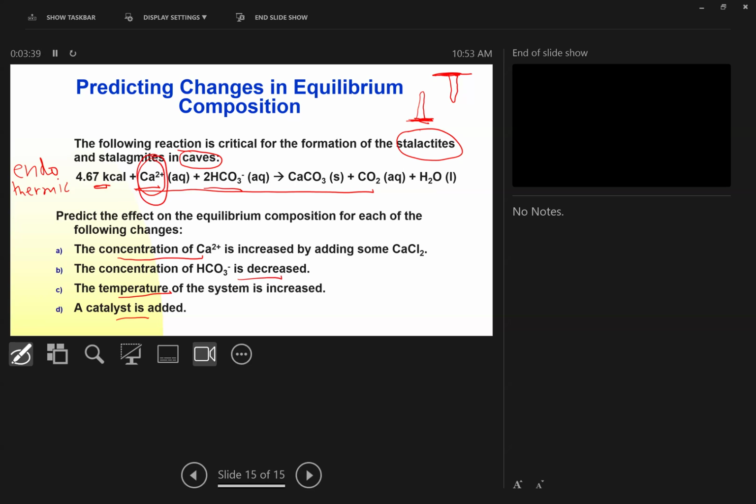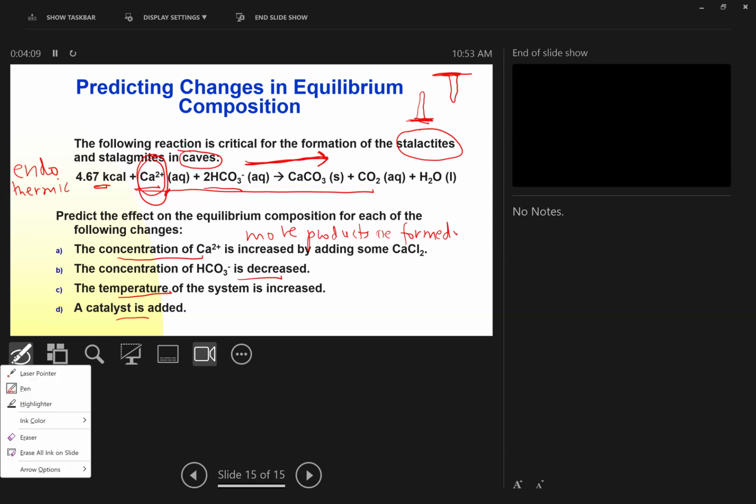To relieve that stress, the reaction will shift to the right, meaning more products are formed to reestablish equilibrium.